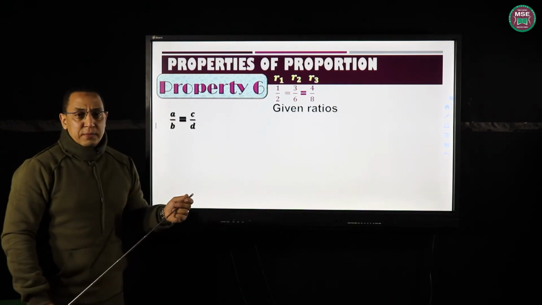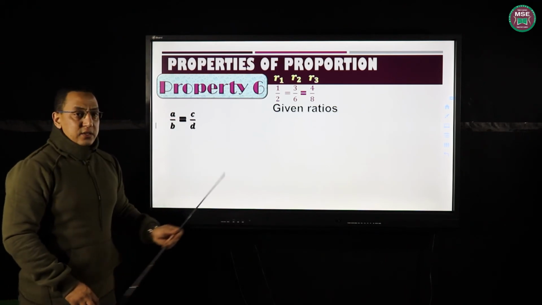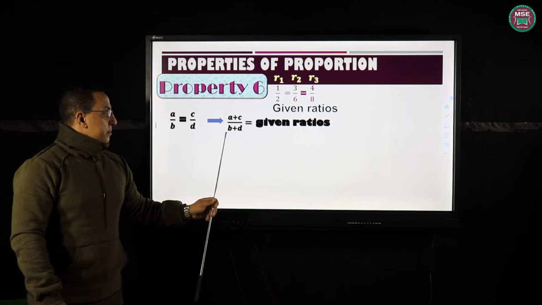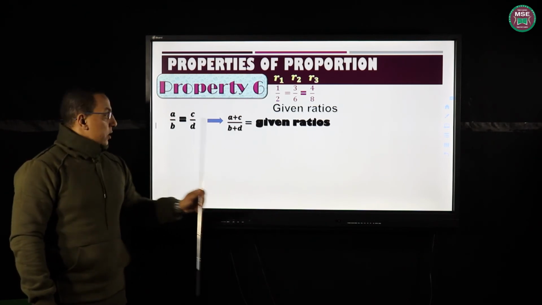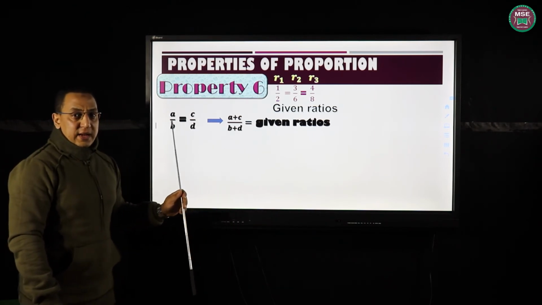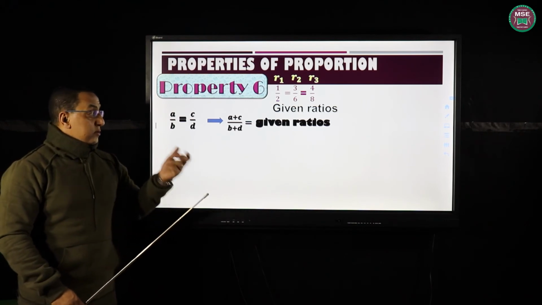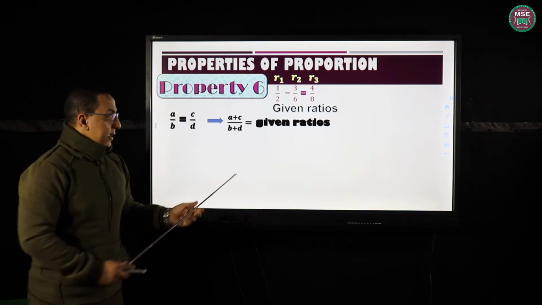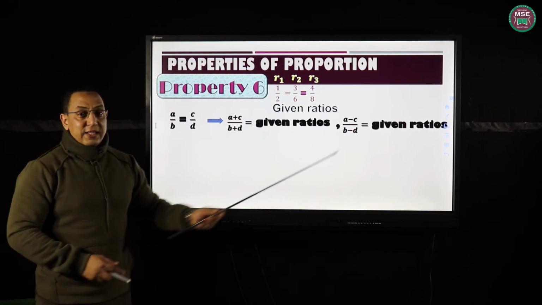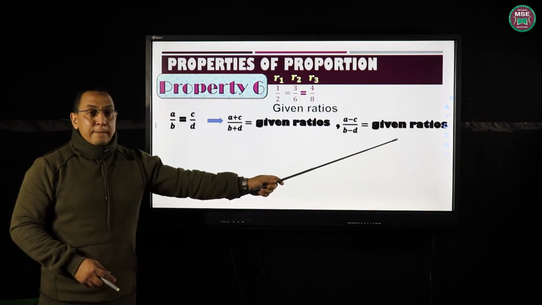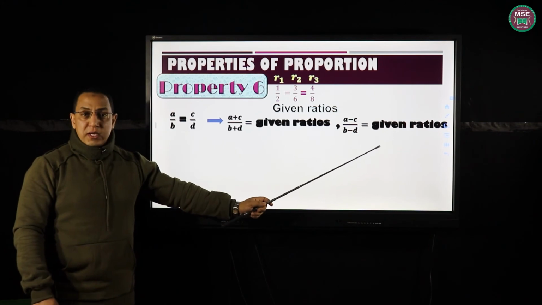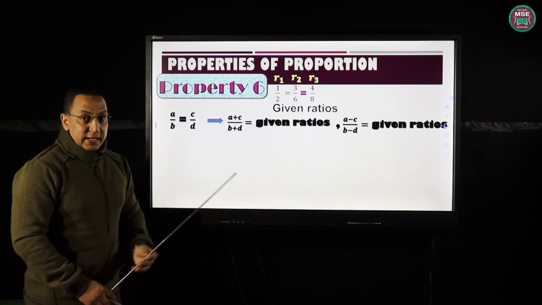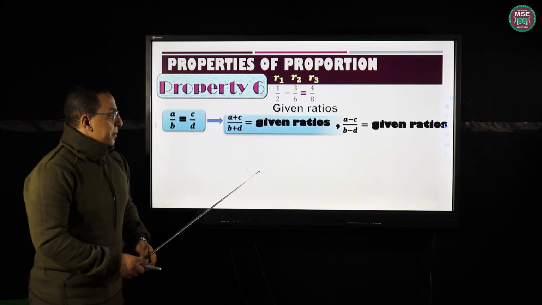If I have A over B equals C over D, so A plus C over B plus D is equal to the given ratios, by adding the numerators together and the denominators together. Here the given ratios are A over B and C over D, okay? And also if I subtract A minus C and B minus D, it is also equal to the given ratios, okay? Finally, this is the property.